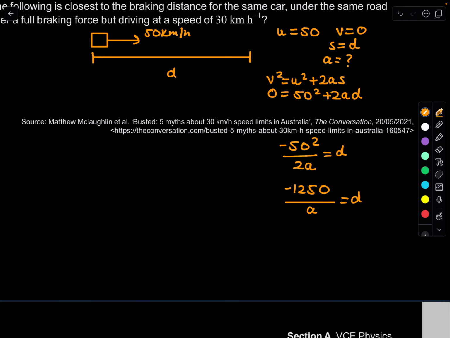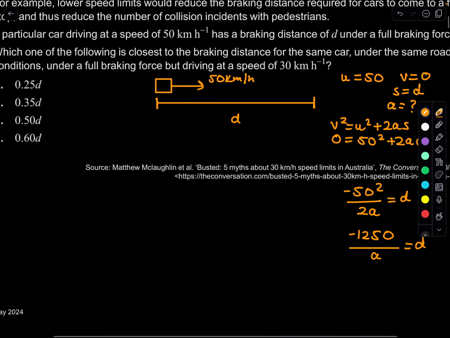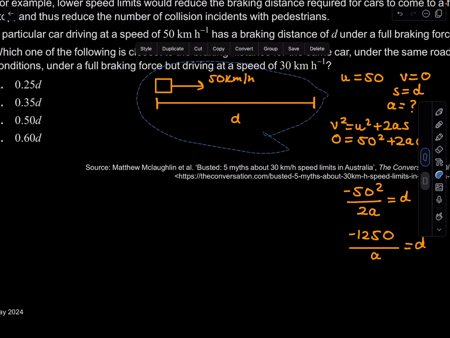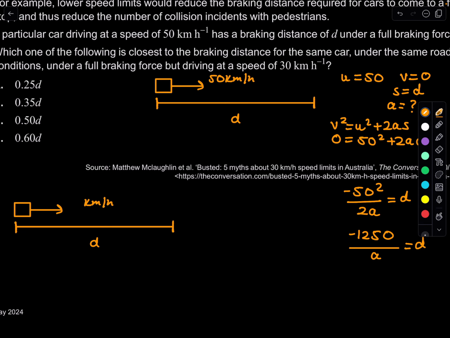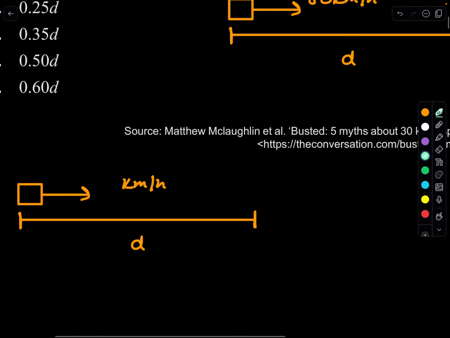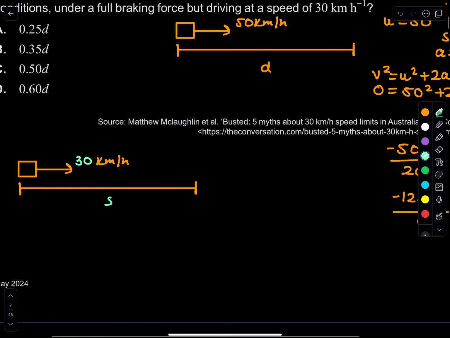Now, what I'm going to do is basically all the same stuff, but now for the 30 kilometers. So basically, copy this whole thing. And now, change this up to 30. And of course, our braking distance is going to be different. So we're going to call it S, which is displacement. So using the same formula again, your initial velocity must therefore be 30. Your final velocity is going to be 0.